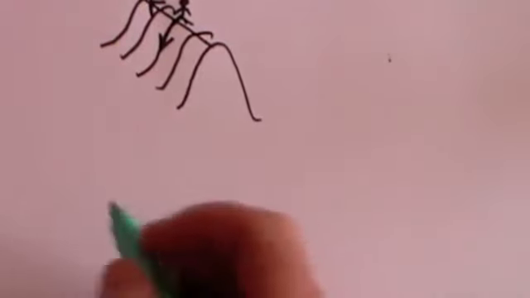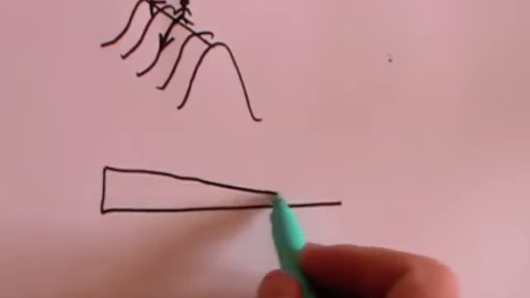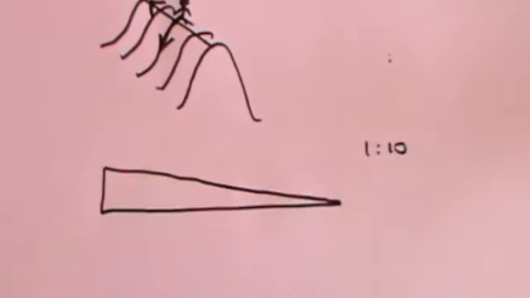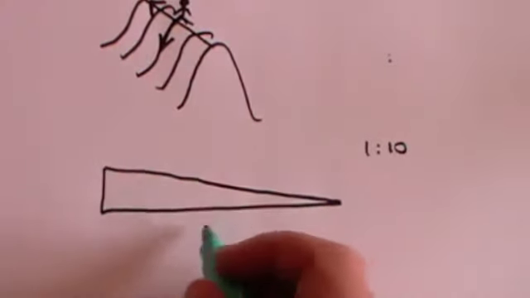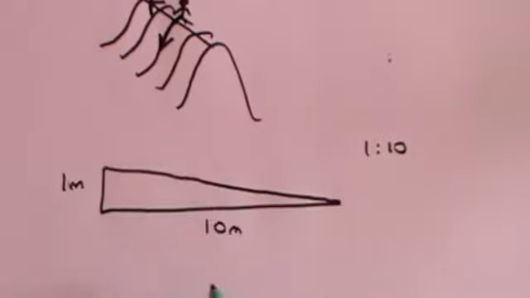Well, let's consider a gradient. Here is a gradient which I'm going to call a 1 in 10 gradient. What that means is that for every 10 meters that I walk along, I will drop 1 meter. So if I start here and I walk 10 meters, by the time I get to the end, I have not only walked 10 meters along, I have dropped 1 meter down.